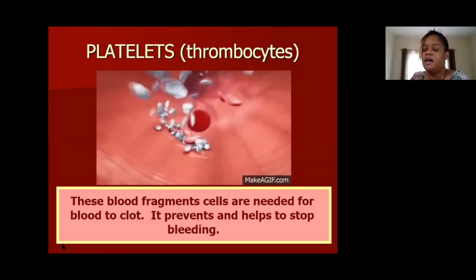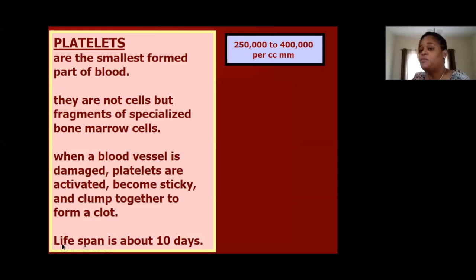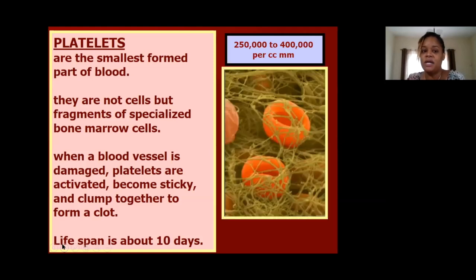So our platelets, they are the smallest formed part of blood. Like I said earlier, we refer to them as fragments of cells and not so much cells. When a blood vessel is damaged, the platelets are activated and they become sticky and come together to help form a clot. Now, blood clotting is a process, and it actually causes a domino effect.